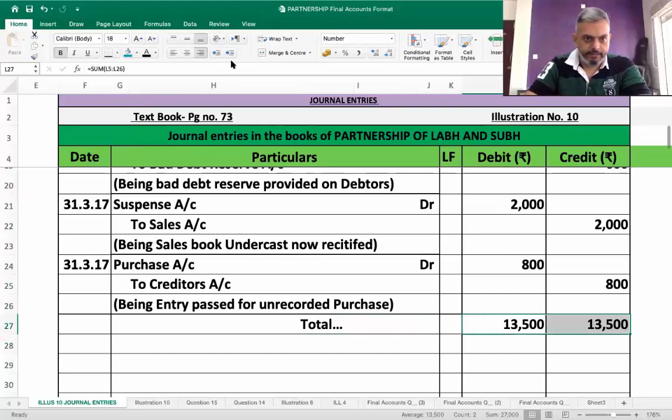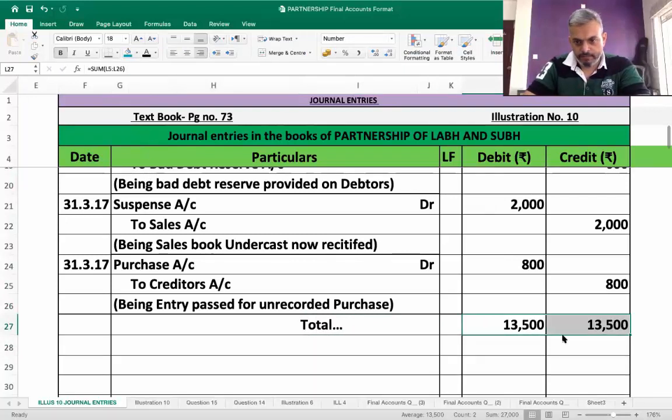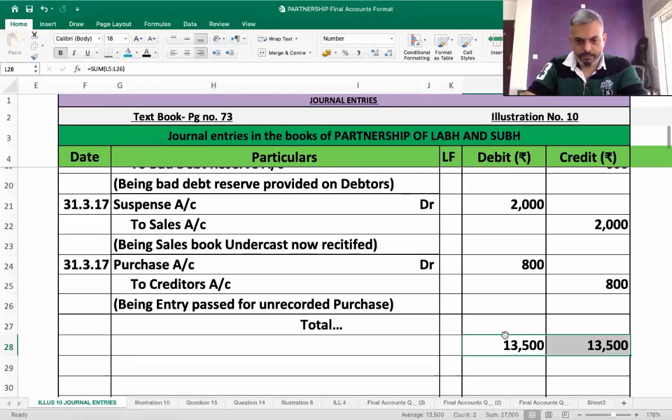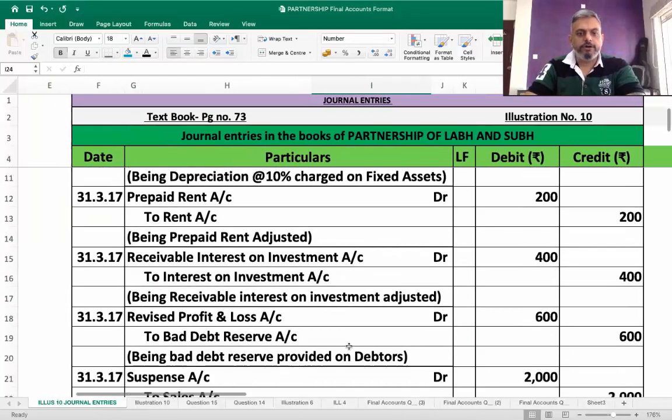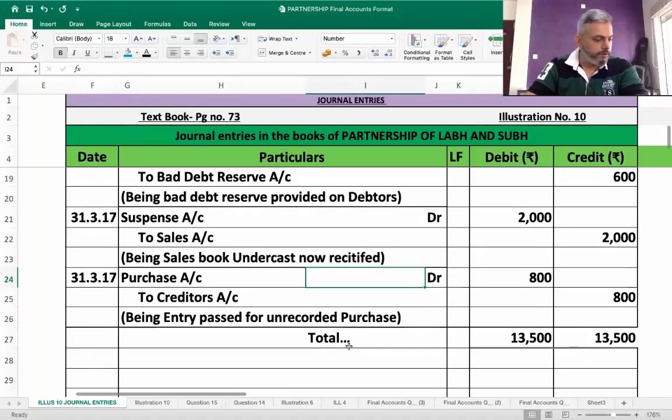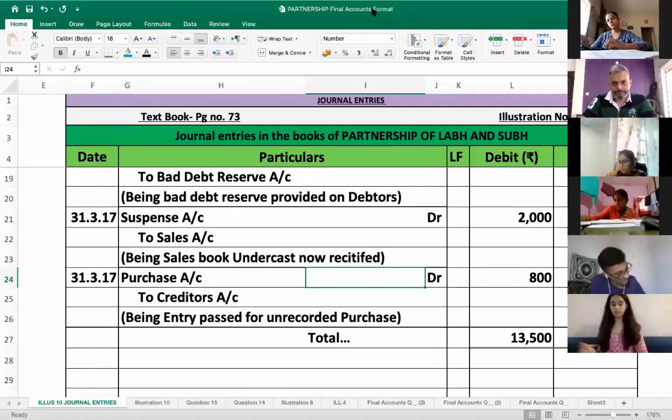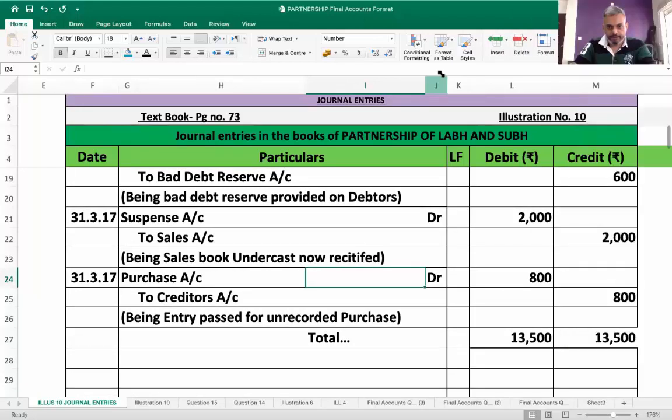Double underline. So check it out. 13500 आ रहा है सबका. Total 13500 आ रहा है. बढ़िया.